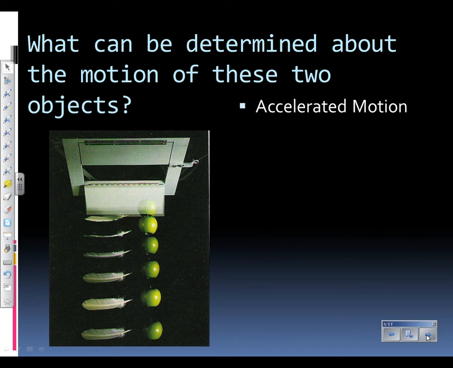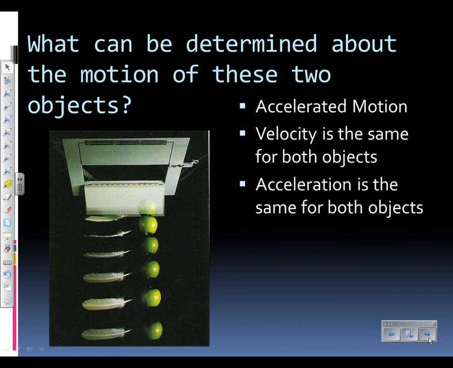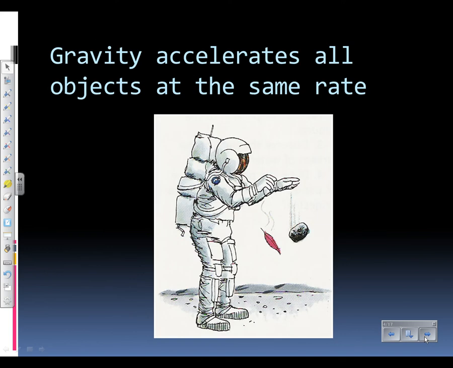They're the same, right? So these objects would have the same velocity, but also the same acceleration. Because what we find out is that gravity will accelerate all objects at exactly the same rate. Gravity will accelerate all objects at exactly the same rate.